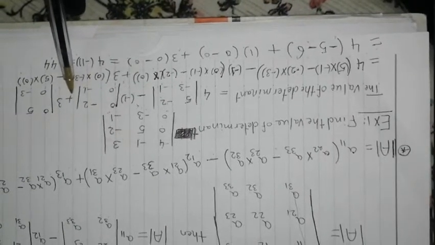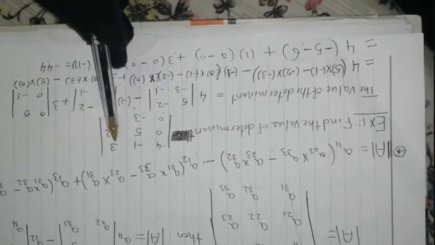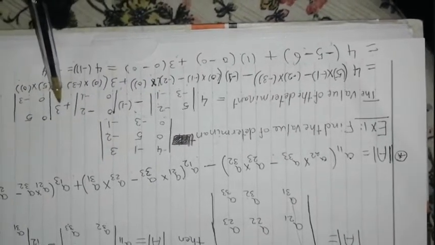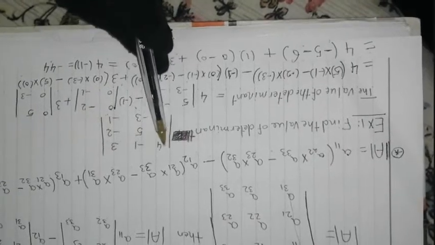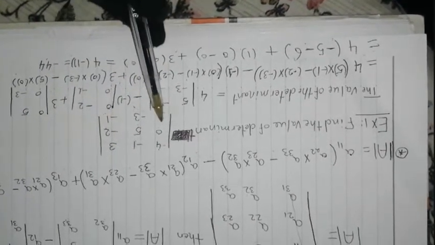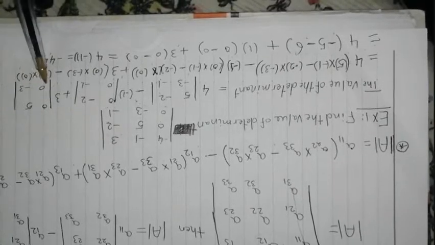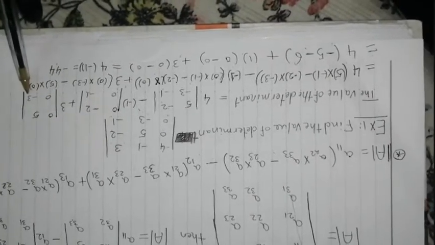Now, plus, what is the third element in the first row? 3. We write 3, and we cancel the first row and the third column. What is the minor? 0, 5, 0, -3. Now, equals what?